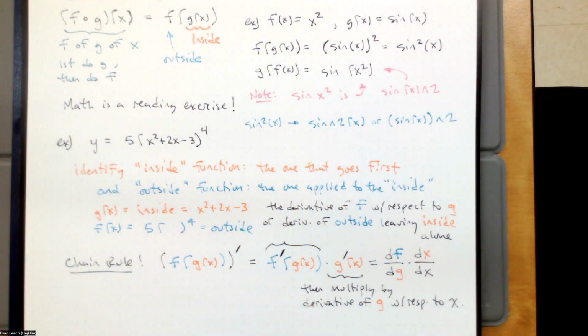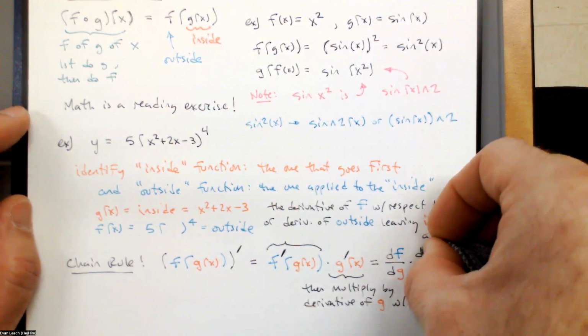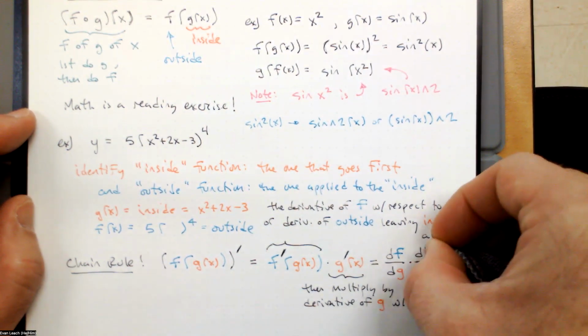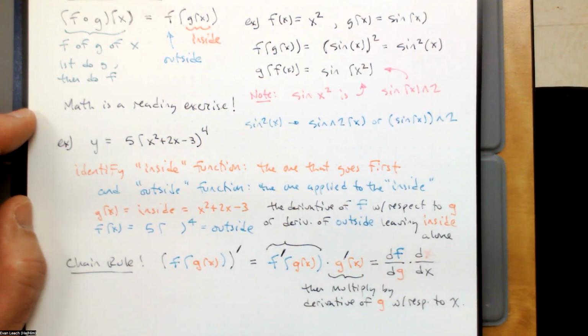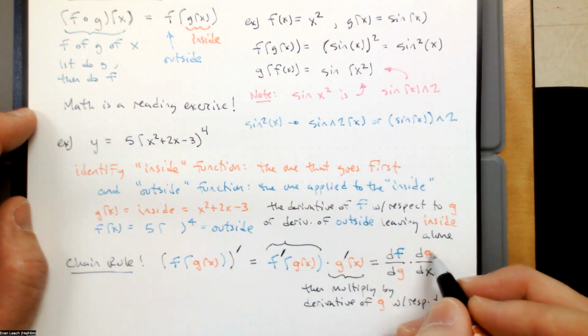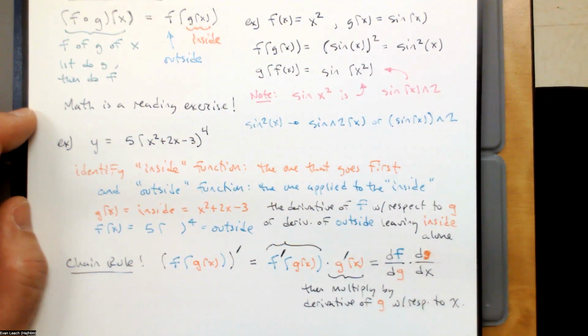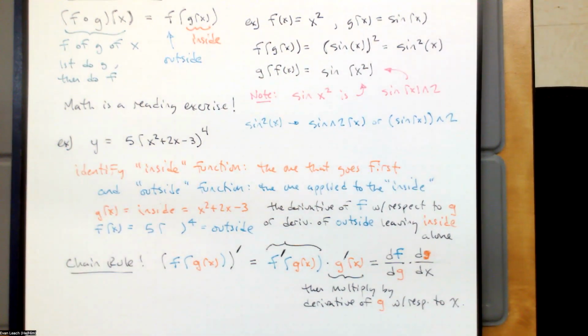Take the derivative of the outside, leaving the inside alone. Multiply by the derivative of the inside. I wrote x. I spelled g wrong. Df dg times dg dx.